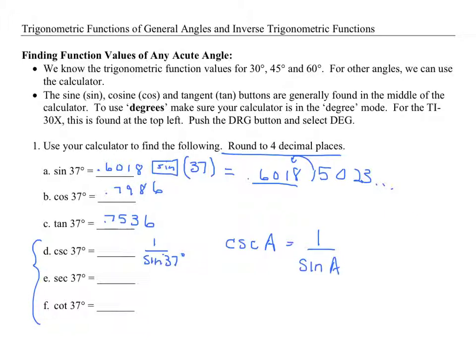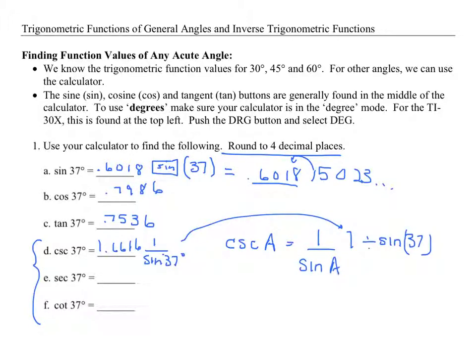Well, I'll go over here: 1 divided by the sine of 37. Just pop that into your calculator. Notice how I wrote it like that. And after I do that, I get 1.6616, rounded to 4 decimal places.